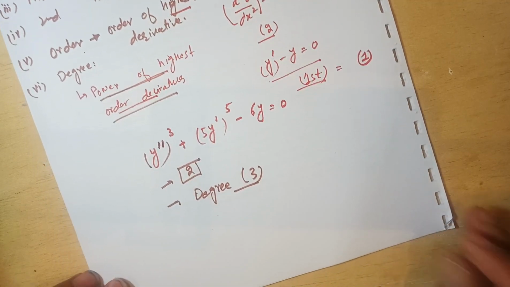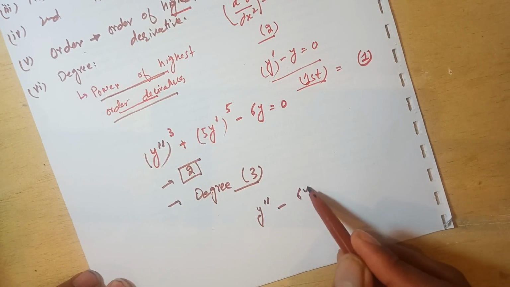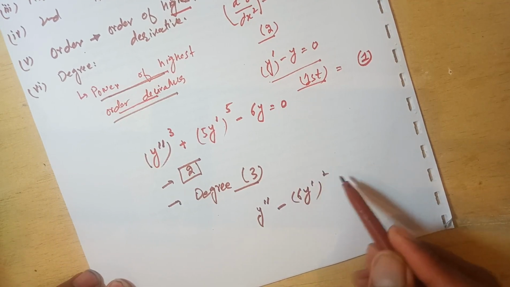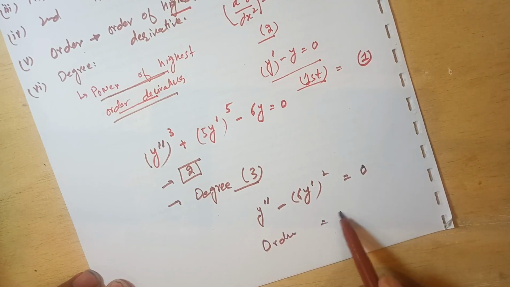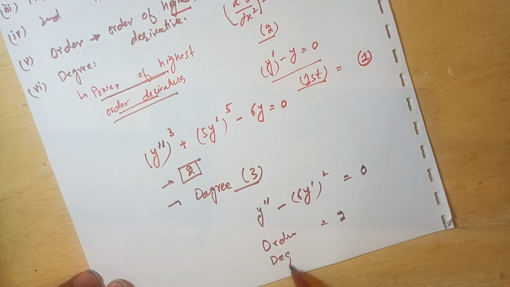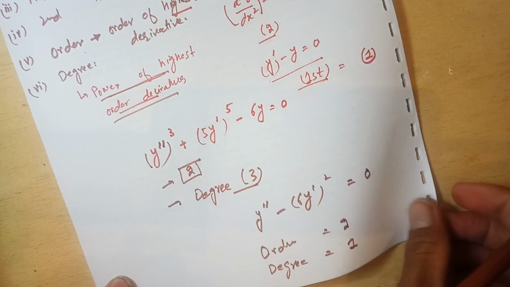If you look at another example, y double prime minus 6y prime squared is equal to 0, the order of this differential equation is simply 2, but the degree of this differential equation is 1. So this is simply the order and the degree of a differential equation.